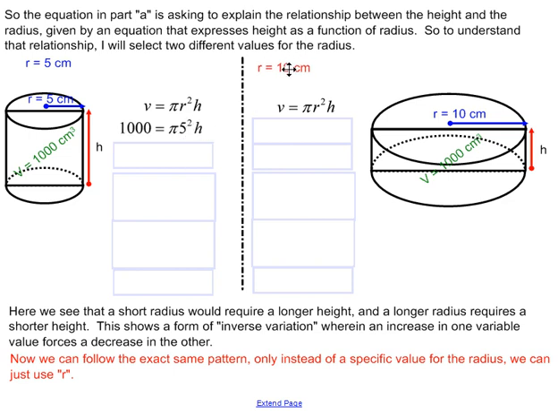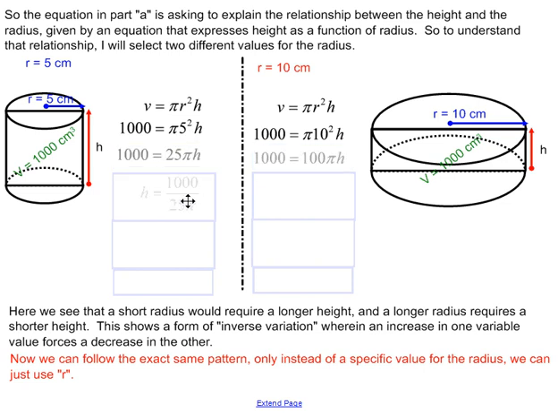If the radius were 10 centimeters, I would have 1,000 equals pi times 10 squared times the height, which I don't know. In each case, then, we end up with a simple algebraic equation where h is the unknown and everything else is known. And so to solve for h, I just divide both sides by, in one case, 25 pi, and in the other case, 100 pi.